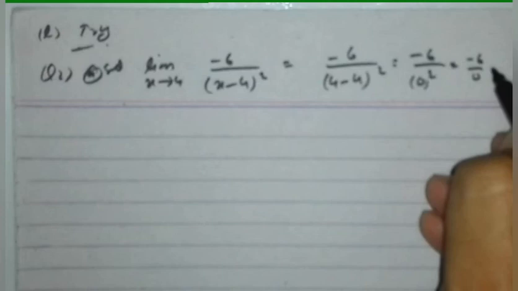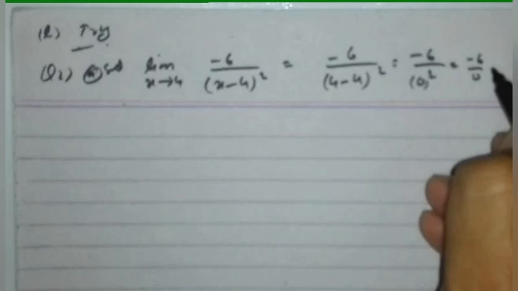Now limit x tends to 0, 1 by x, here 3 minus x minus 3 divided by 3 into (x plus 3). This 3 cancels with this. Limit x tends to 0, 1 by x into minus x over 3 into (x plus 3).